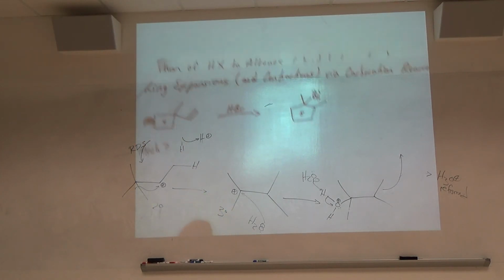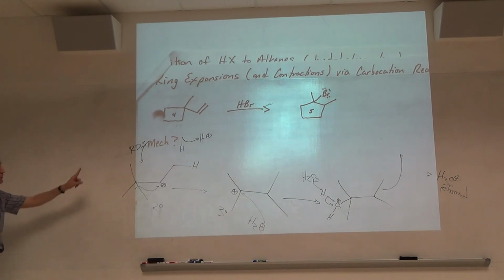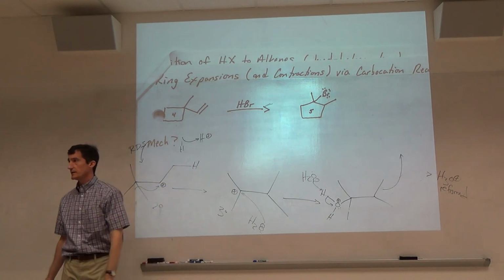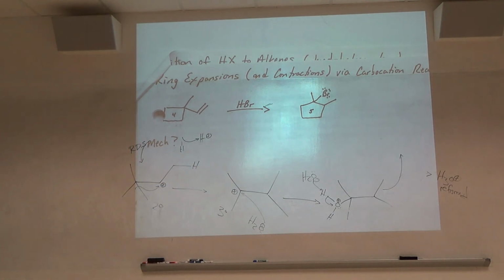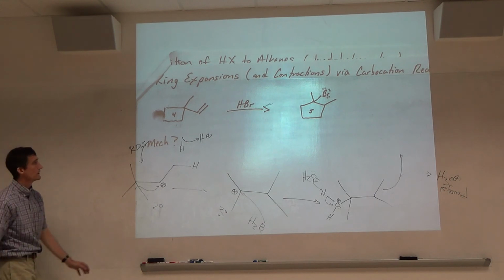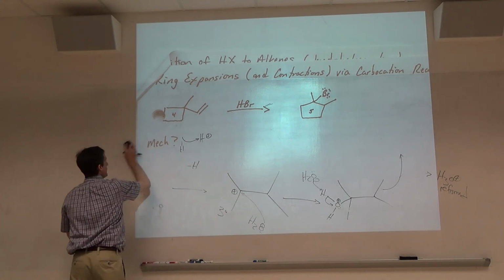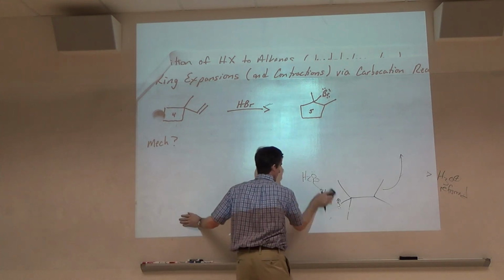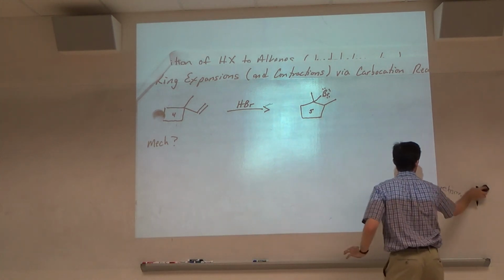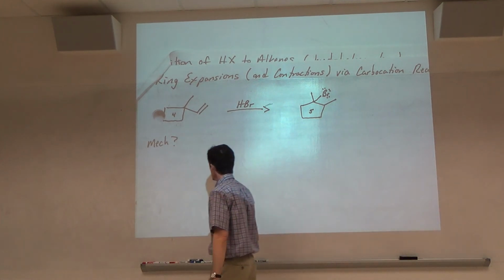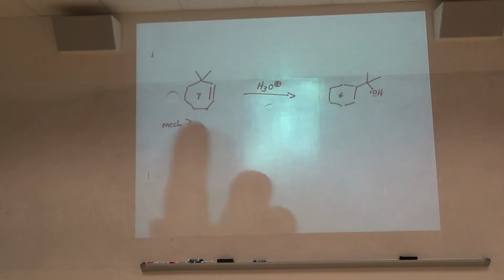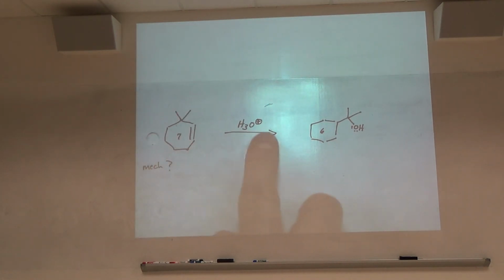Let's look at this next reaction. You take this alkene with a 4-membered ring, react with HBr. Major product has a 5-membered ring. One below, a 7-membered ring, you react it, looks like you're hydrating the alkene.